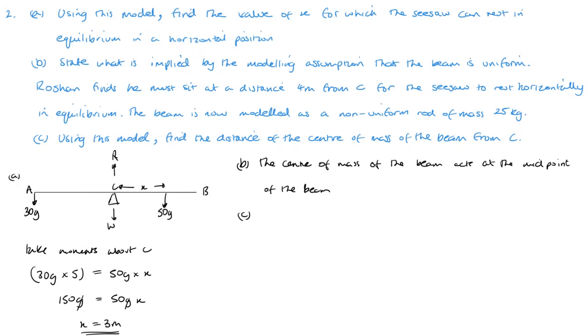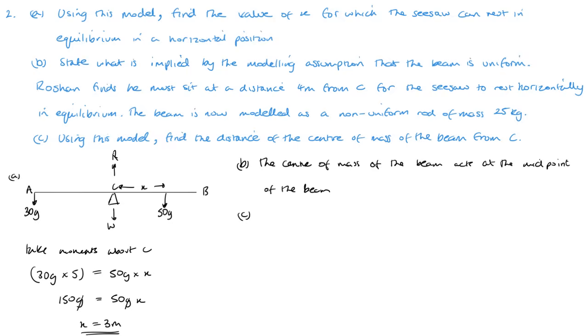Now, Roshan finds that he must sit at a distance of 4 meters from C for the seesaw to rest horizontally in equilibrium. So the beam is now modelled as a non-uniform rod of mass 25 kilograms.